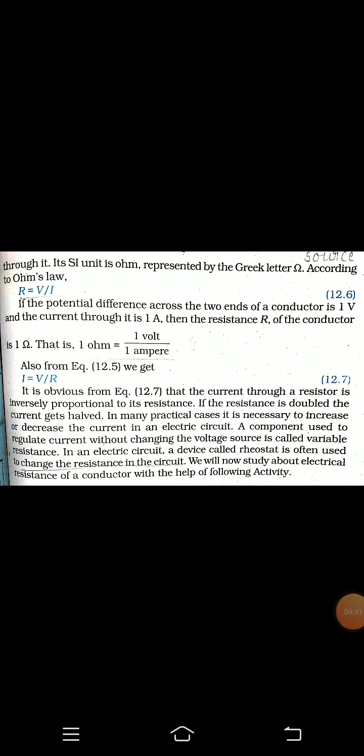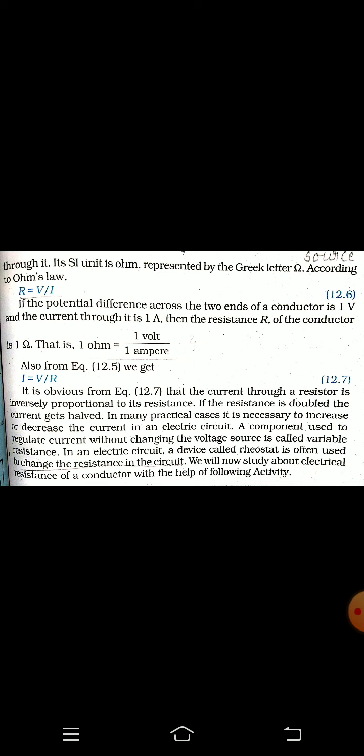Now again recall the equation for Ohm's law. It is V is equal to IR. So if we want to find the value of I, what do we get? I is equal to V divided by R. If you remember this one equation of Ohm's law, then you will be able to find the value of R as well as I. So I becomes V divided by R, equation 12.7.